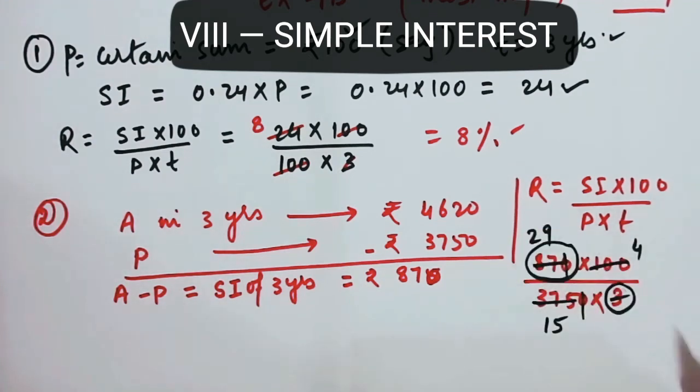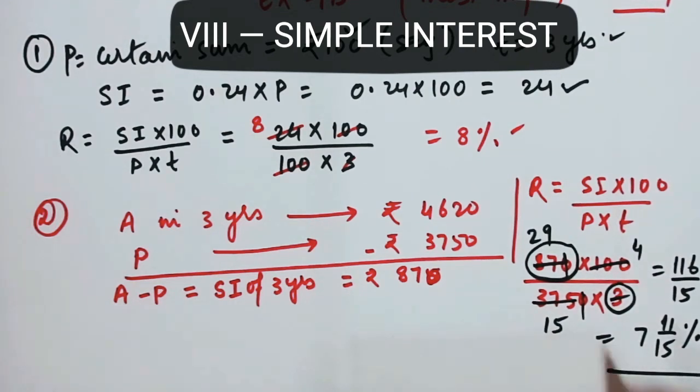So 29 into 4 will give you 116 by 15 is equal to how much, my dear? 116 by 15 is equal to 7 11 by 15%. So this is your rate which they were asking for.